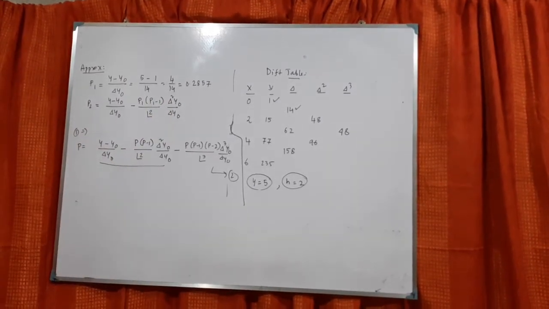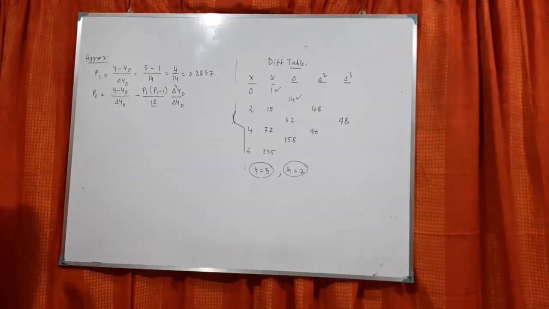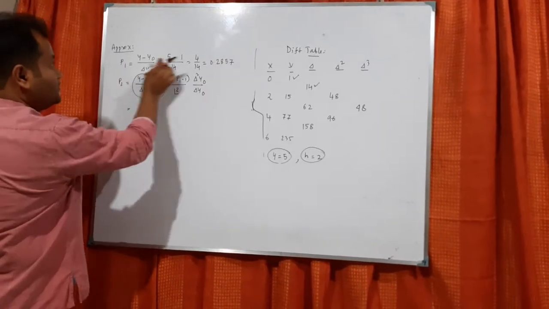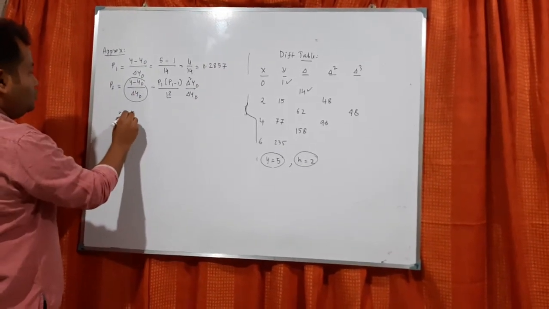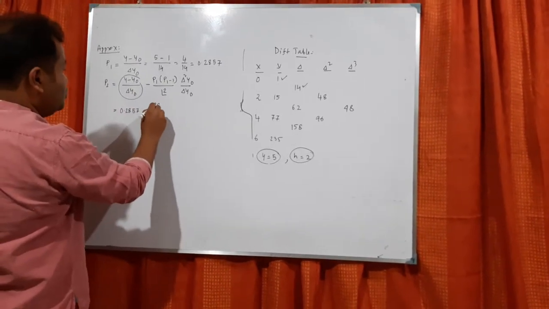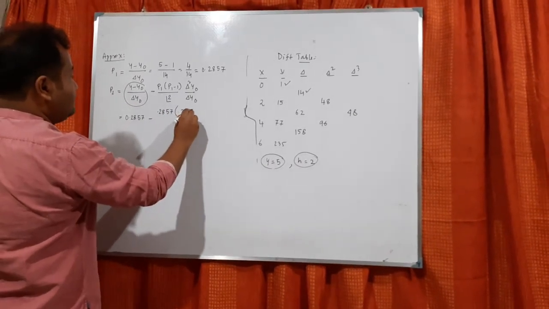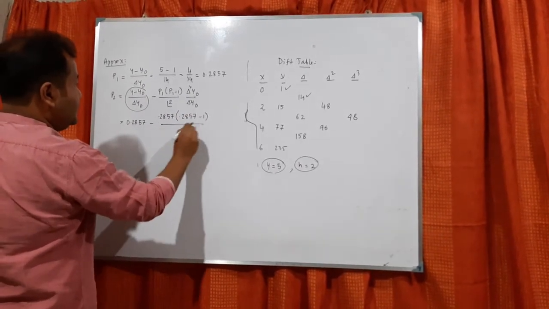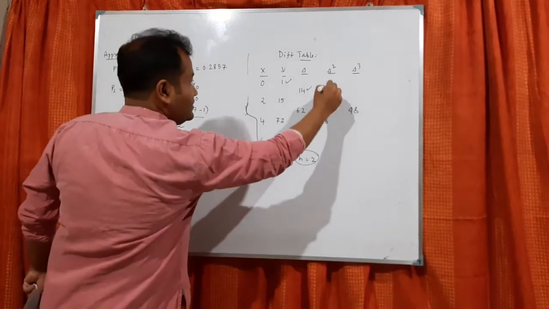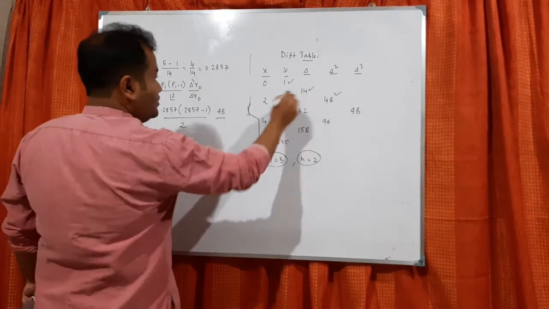If I simplify, it should be 0.2857 minus P1 into P1 minus 1, that is 0.2857 minus 1, divided by factorial 2, which is 2, delta square 48, delta y naught 14.